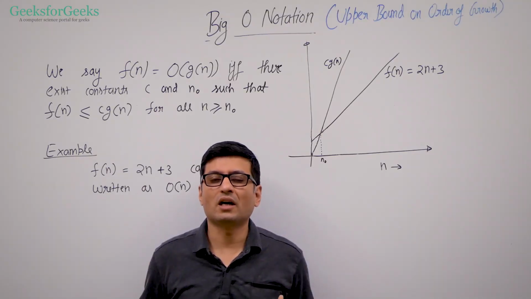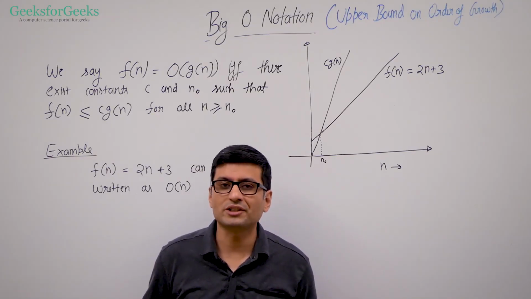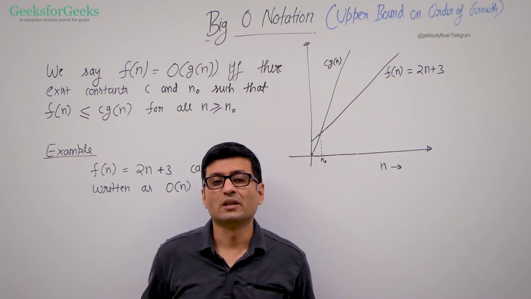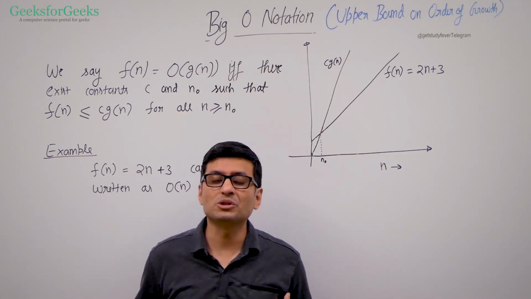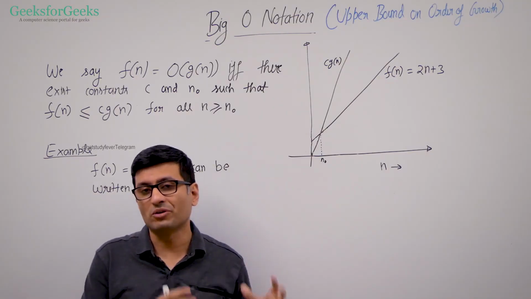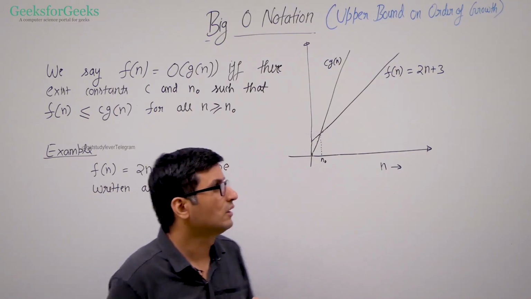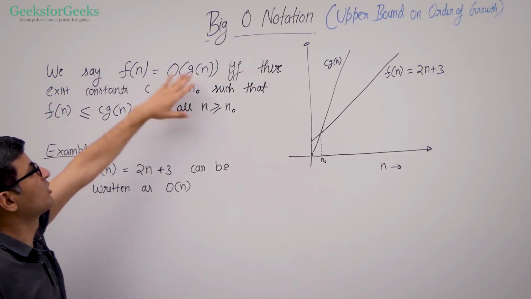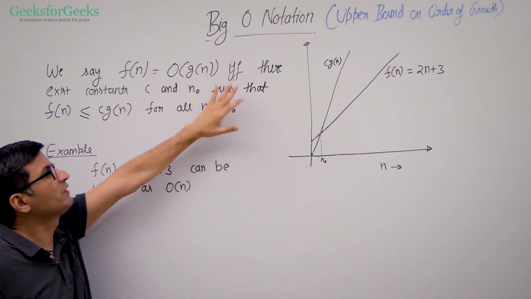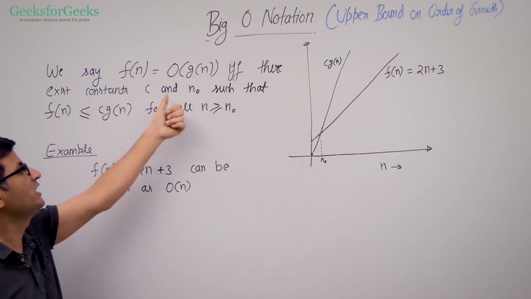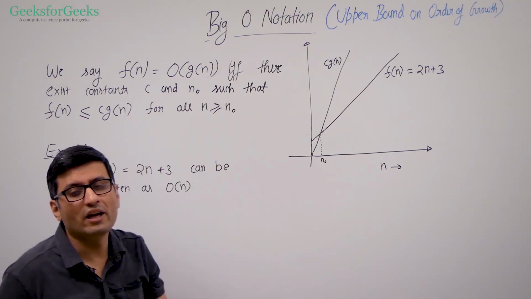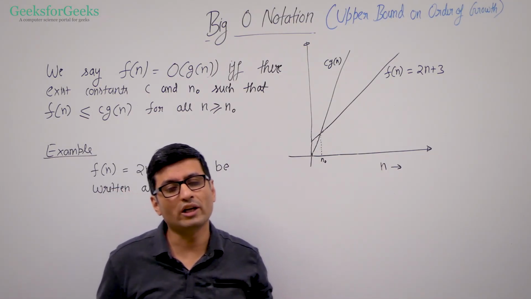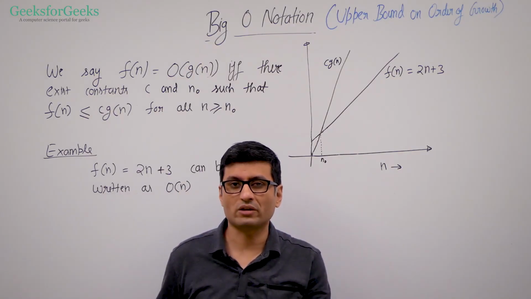We have seen a quick way to find Big O notation. Let us now see the mathematical definition of Big O notation. This mathematical definition can be useful to prove that the Big O notation that we found is correct. The definition says that we say F(n) is Big O of G(n) if and only if there exist constants c and n naught such that F(n) is smaller than or equal to c of G(n) for all n greater than n naught.